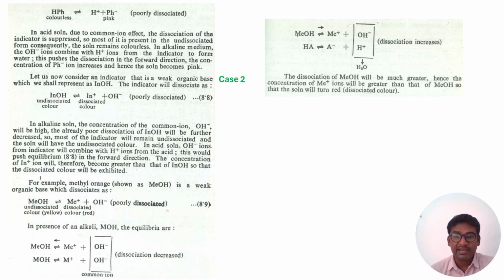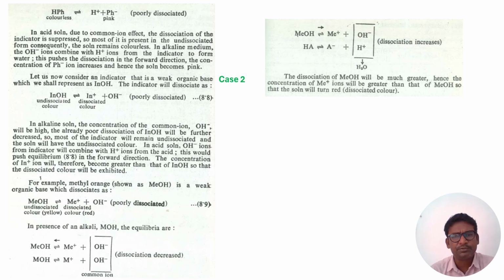While if you put the same organic acid in base, the base will render OH- ion, which will join with the H+ ion that comes from the indicator and give you a water molecule, so that there is more dissociation and it will give you the dissociated color. For that, we took phenolphthalein as an example, and the dissociated Ph- gives the pink color. This is how the pink color appears.